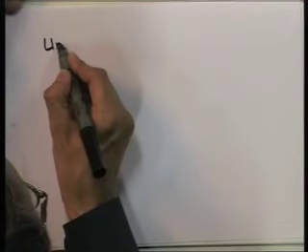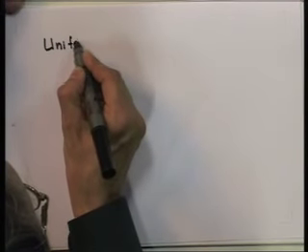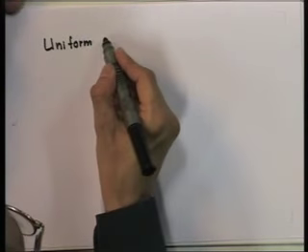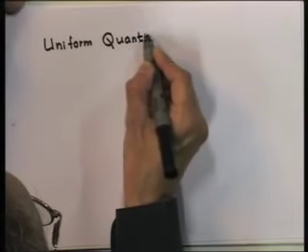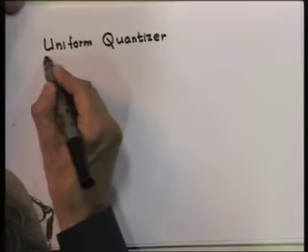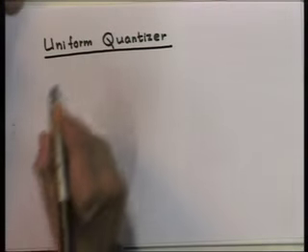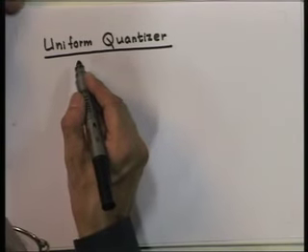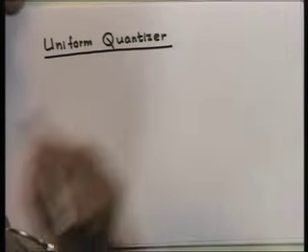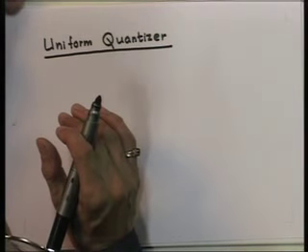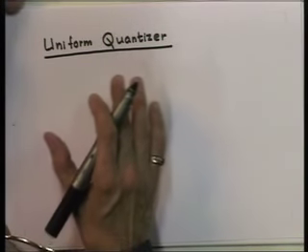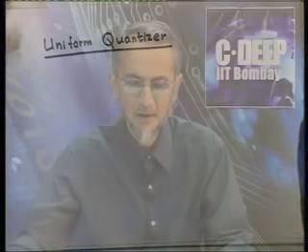So, the simplest type of quantizer is the uniform quantizer. All intervals in uniform quantizers are of the same size except possibly for the two outer intervals.